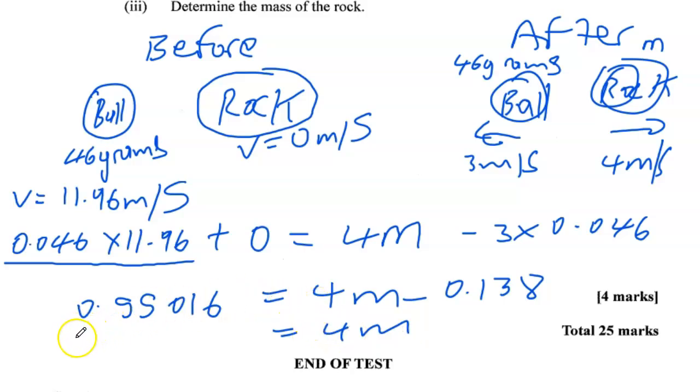Bring over that 0.55016 plus 0.138, and we are getting 0.68816. Divide both sides by 4.